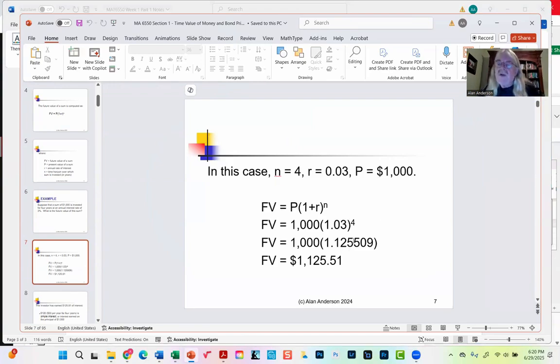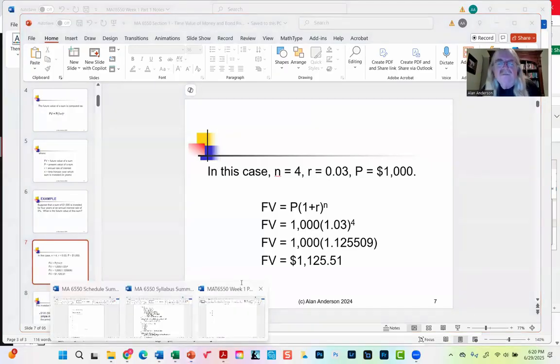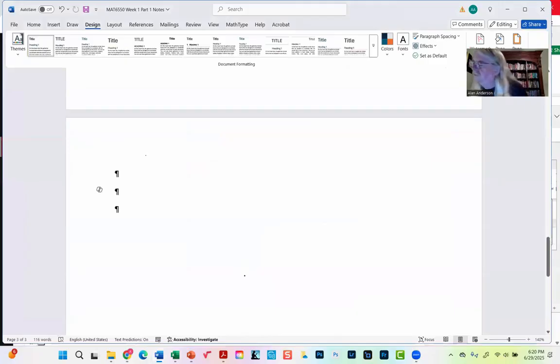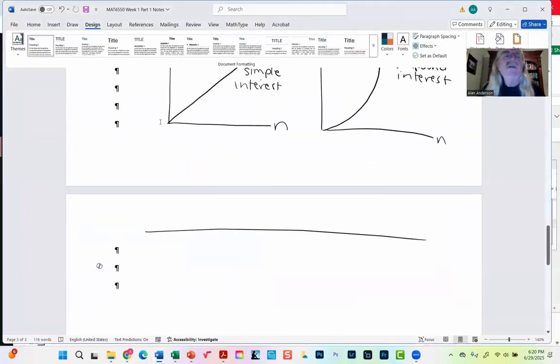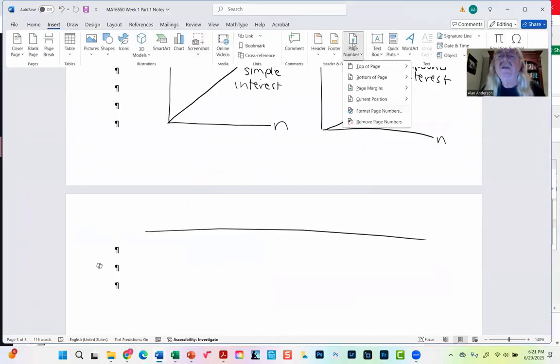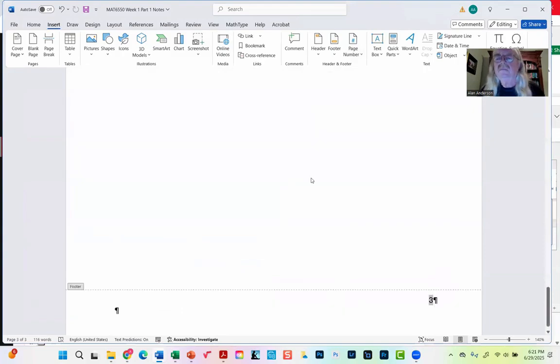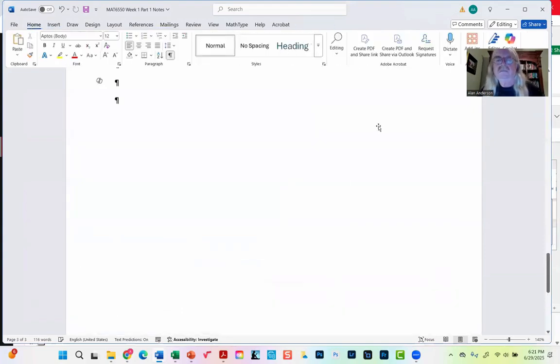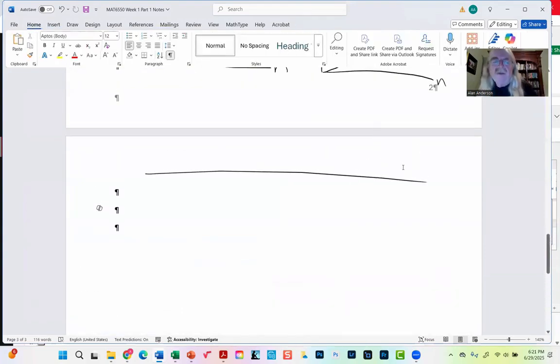Now, you know how to determine how much of that is total interest, simple interest, compound interest. So I'll tell you what, let's figure that out right now. So first of all, let me add some page numbers here. All right, so remember the details we had.